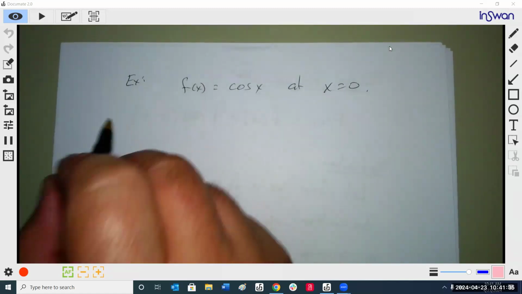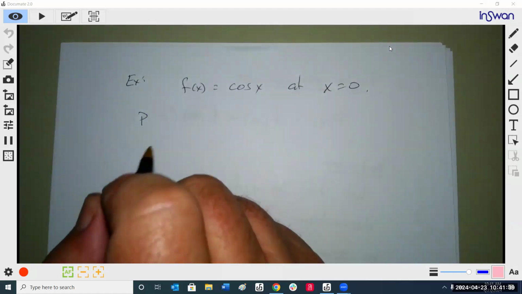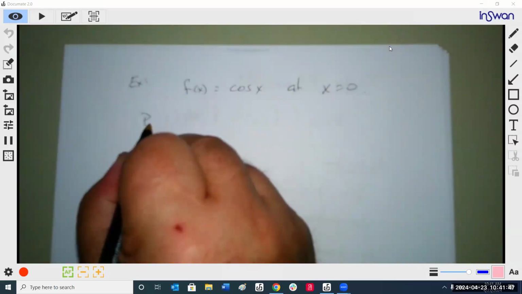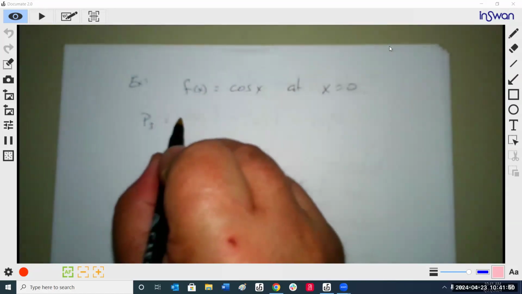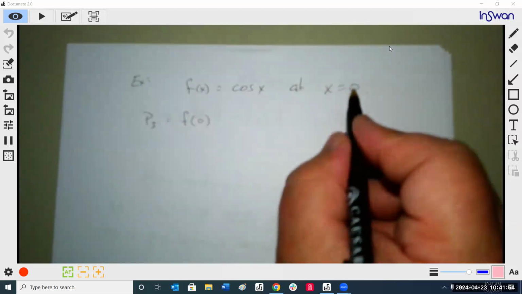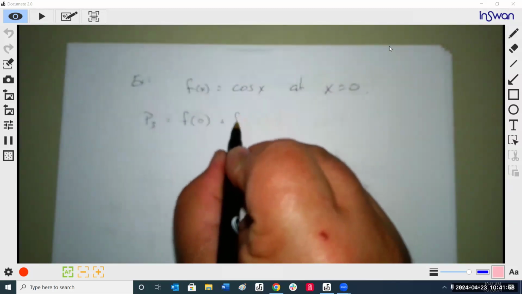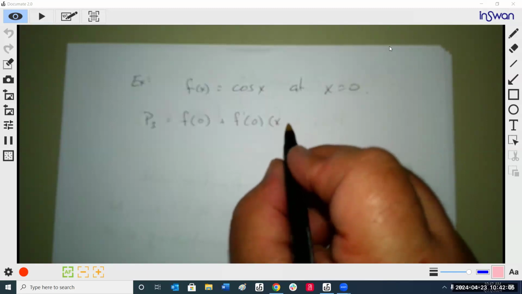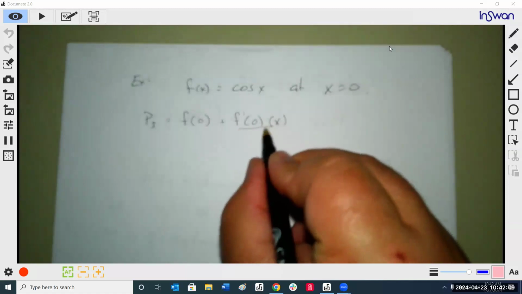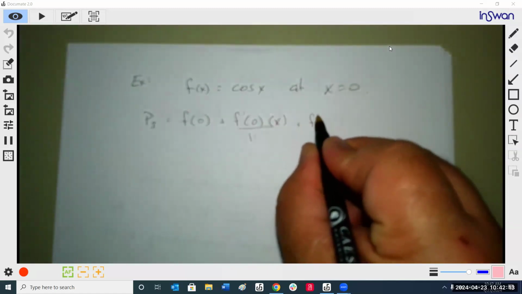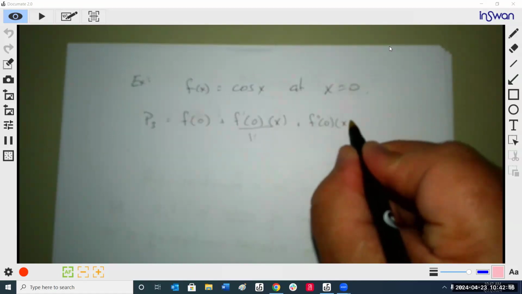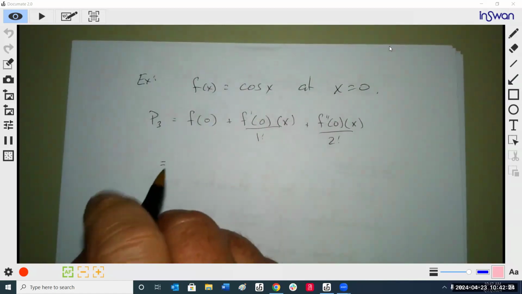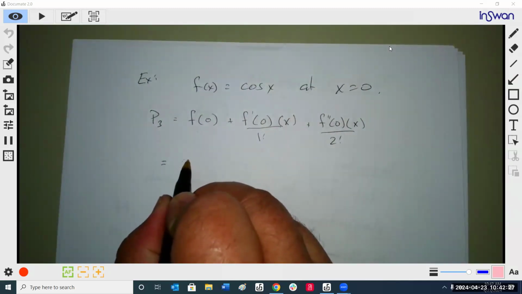Let's look at the first two or first three terms of the Taylor polynomial. So we have f of a at 0.